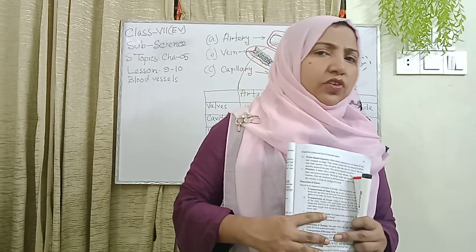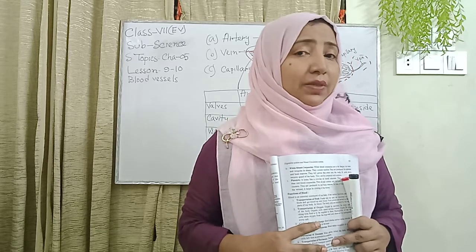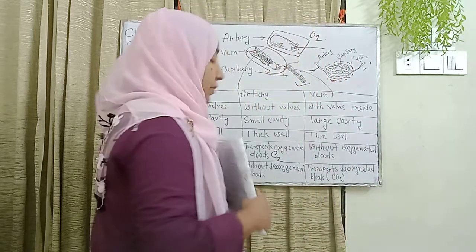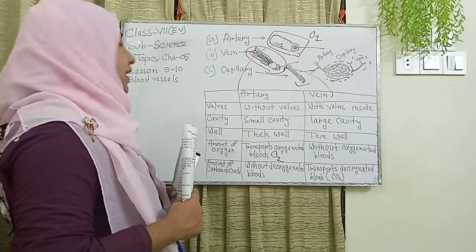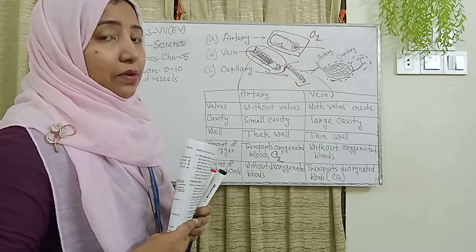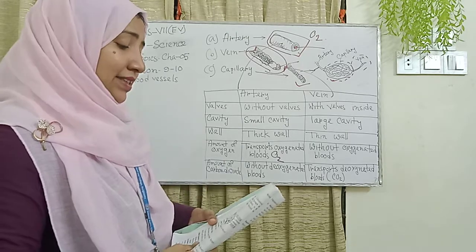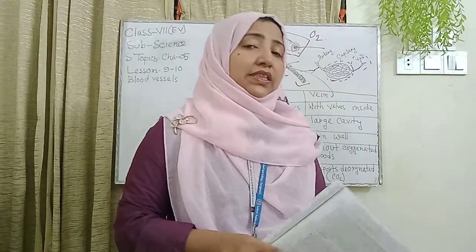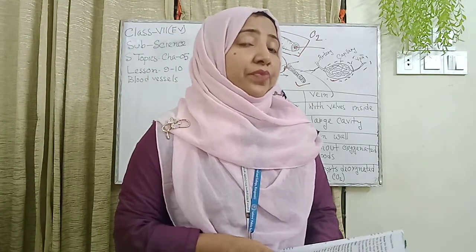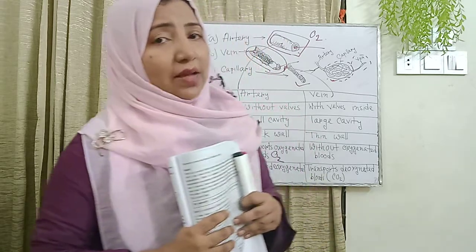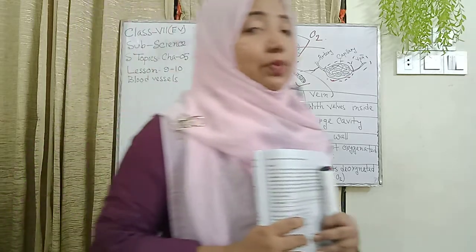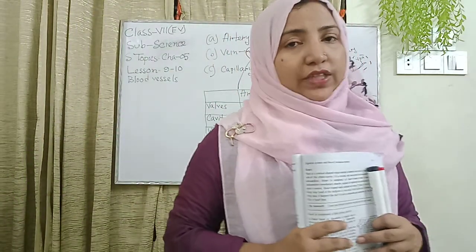Why do I repeat this structure again? Basically, today our topic is lesson 9 to 10, and we also know about the blood vessels. Blood basically flows through these blood vessels, okay? There are basically three types.